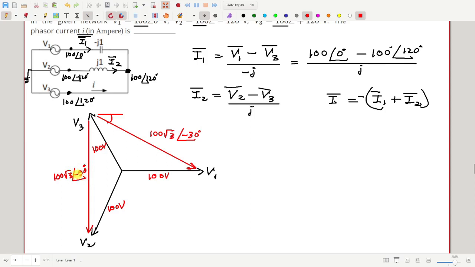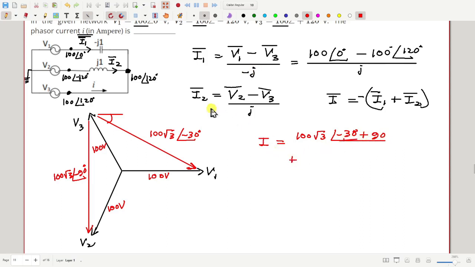So current I will be this voltage, 100 root 3 angle minus 30 degree, divided by minus J. Divided by minus J means the angle becomes plus 90 degree.